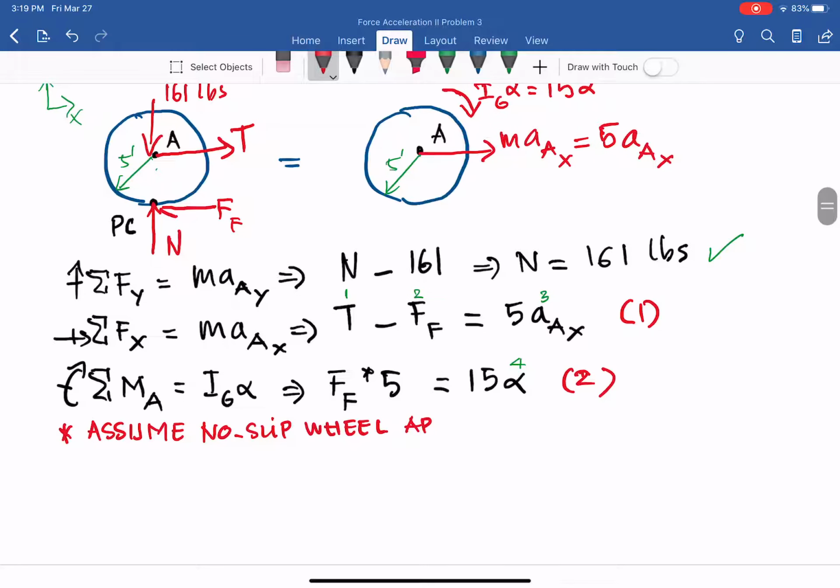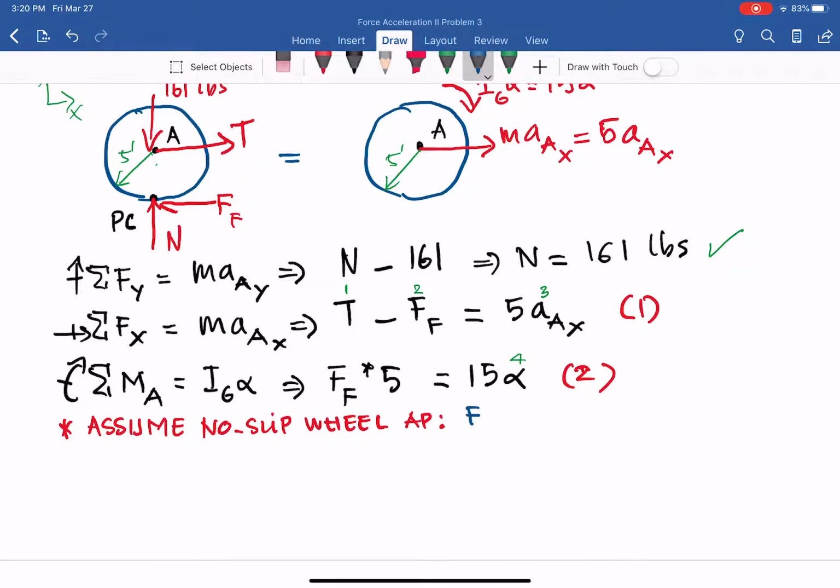So when the wheel is no slip, what do we have? If you don't remember, go back to the note number 2 of force acceleration 1, or you can even go back to rigid body kinematics 2. You have that as well.